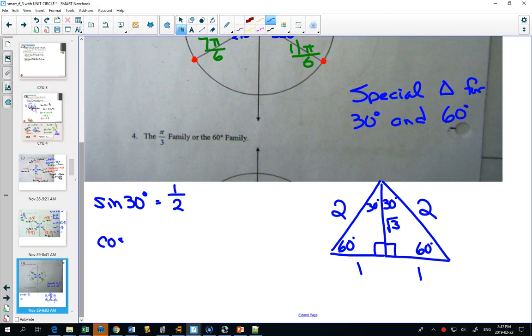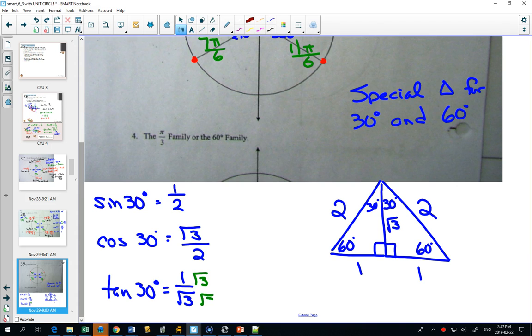And cos of 30 degrees, adjacent over hypotenuse, is root 3 over 2. And tan of 30 degrees, opposite over adjacent, is 1 over root 3. And again, we will rationalize this and write that as root 3 over 3.